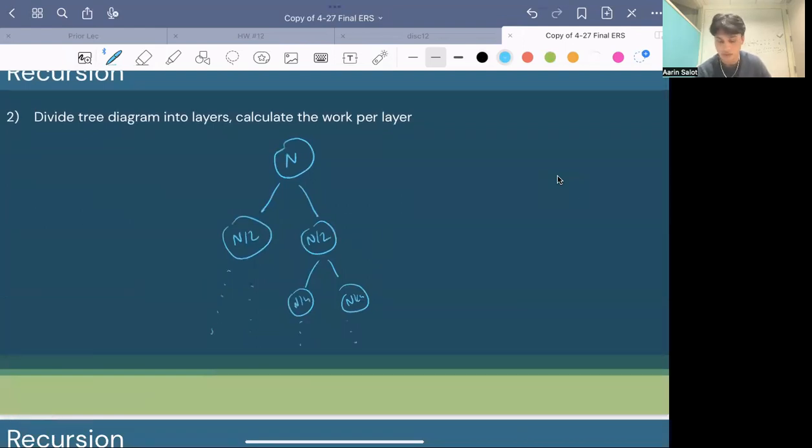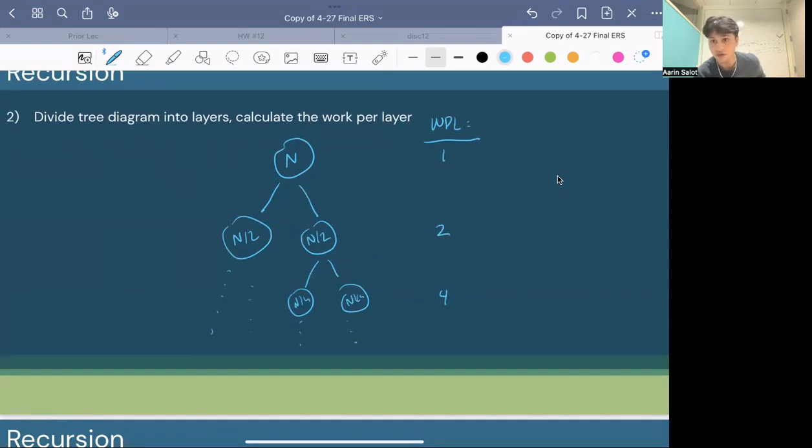So our first layer has one node, therefore the amount of work done is just 1. Our second layer has two nodes, therefore the work done in the second layer is going to be 2. Our third layer is going to have 4 nodes, therefore we have 4 work done. And right now we're seeing some sort of pattern. The amount of work being done per layer is simply the number of nodes per layer.